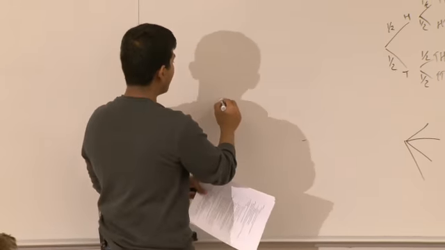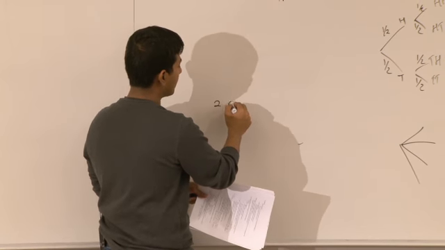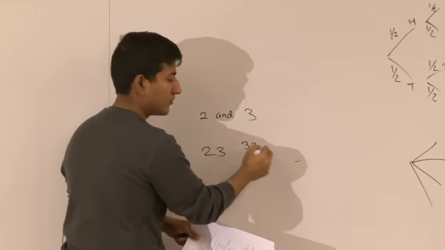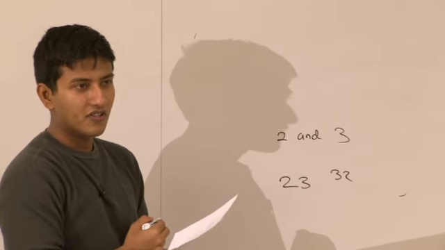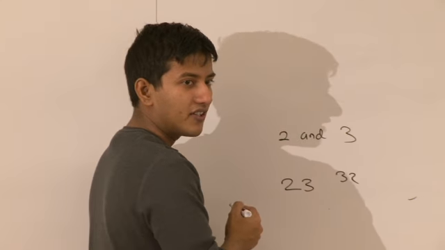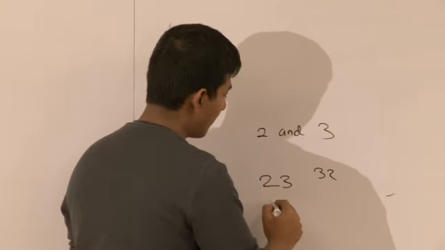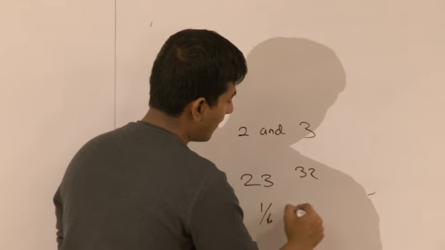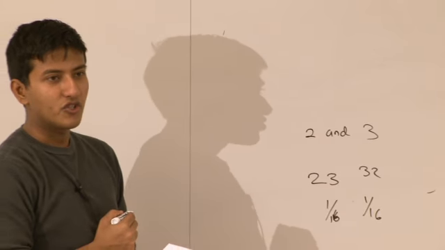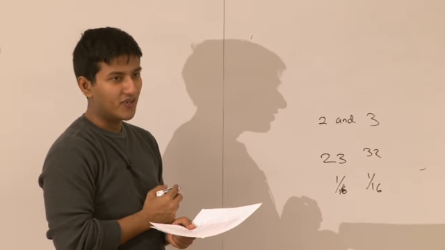Okay, so we have to roll a 2 and a 3, which means it could have been 2, 3, or 3, 2. And we know the probability of each event is 1/16. So this will be 1/16, and this will be 1/16. So the total probability is 1/8.